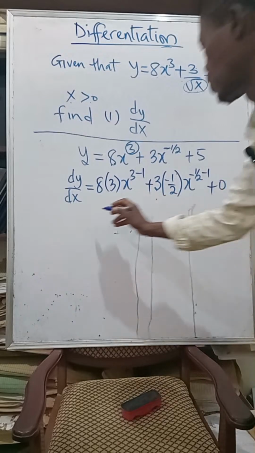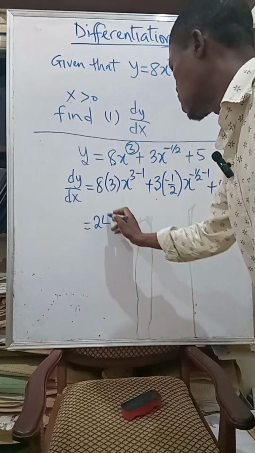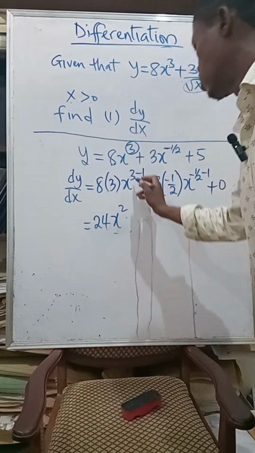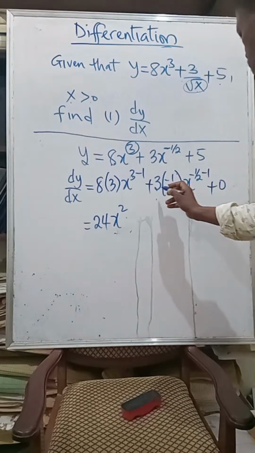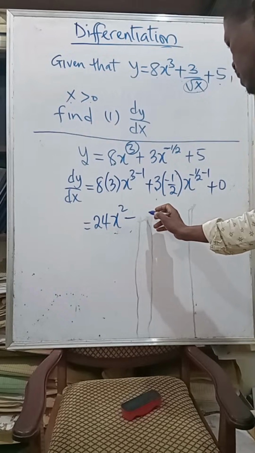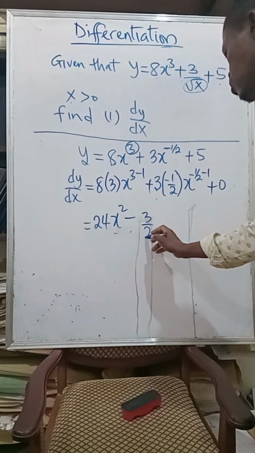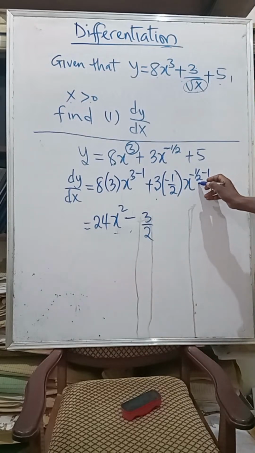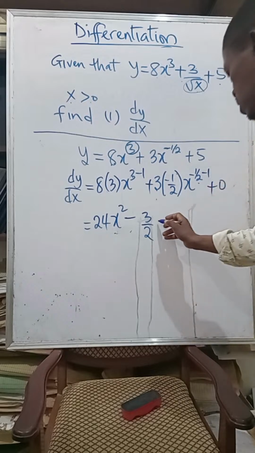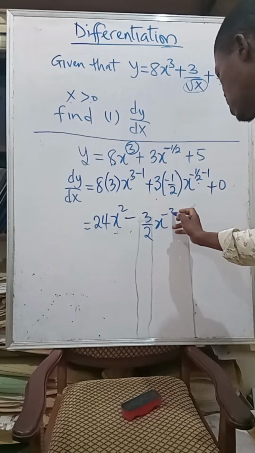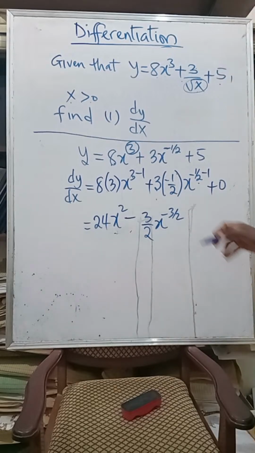So we're going to have 24, and then x to the power 3 minus 1, and then this one will be minus 3 over 2, then x to the power minus half minus 1, that will be x to the power minus 3 over 2. So that's that on that.